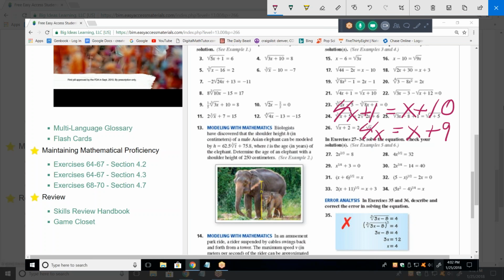And the next line. 3x equals 9. And the next line. X is 3. Okay.